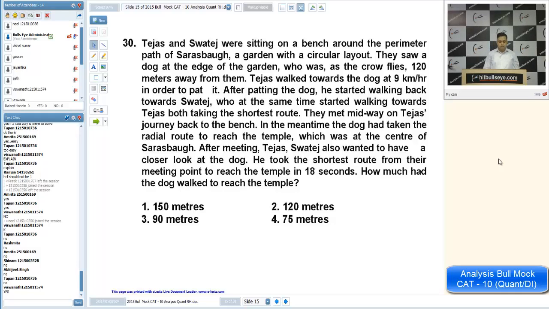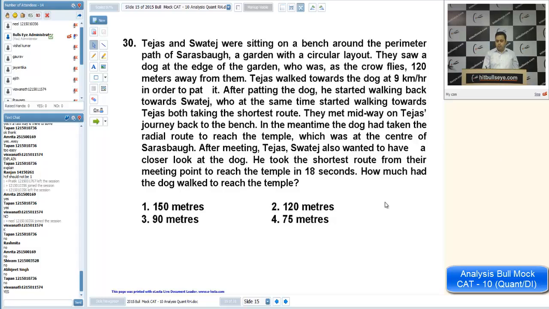Okay, Vishnu saying yes. Okay, Tejas and Savtej, I think you all have read the information, so I am not going to explain the question. I am just writing down the solution.